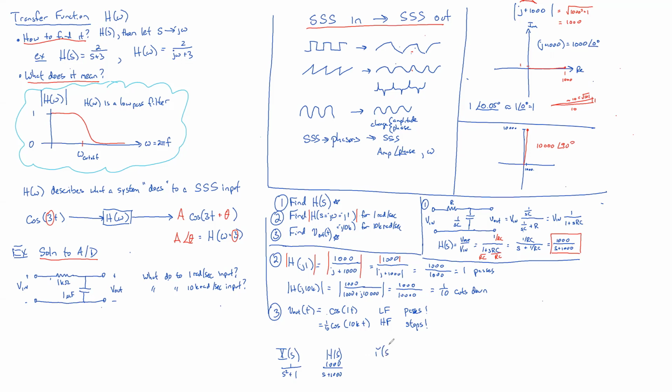So therefore your Y of s, your output, would be the product of these two things: 1,000 over s plus 1,000 times s squared plus 1, which you'd factor into s plus 1,000, plus the roots of this, which are s plus j and s minus j. You've got your A, your B, your B star. That would take you a long time to do your complete partial fraction analysis. But using this thing, you can solve it without using a calculator. You can solve it in your head, and you can see what the output is.